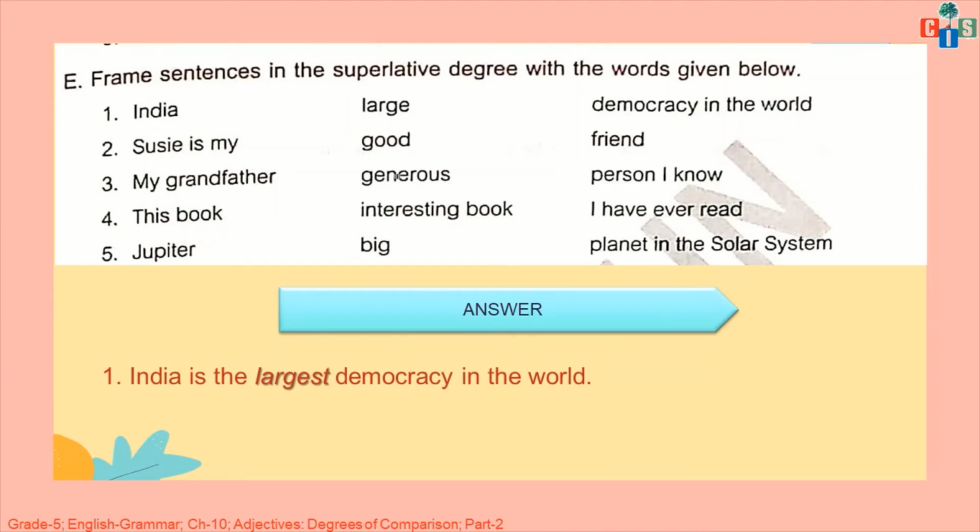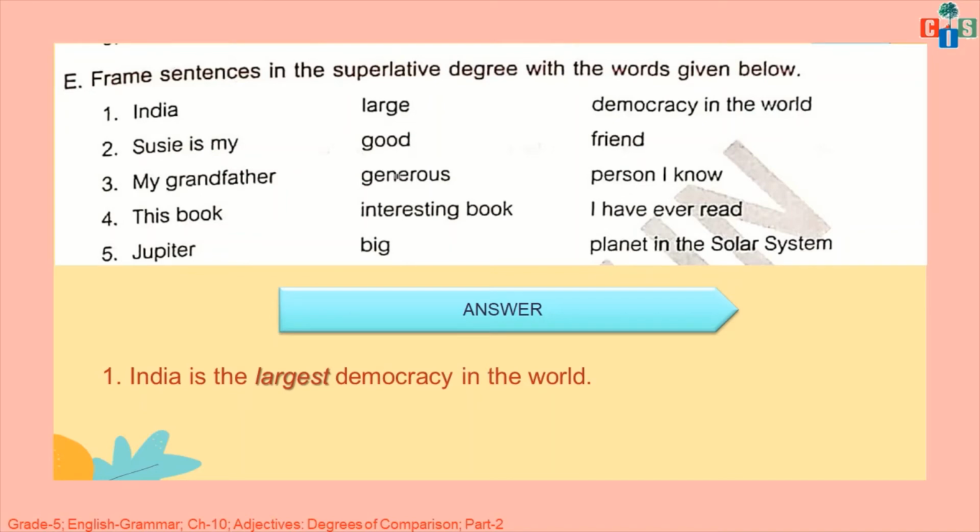Okay, what I did, I added a helping verb and est with the main word. I added est because I am changing this into superlative degree. So as per the rule, I added est. Okay, India is the largest democracy in the world.